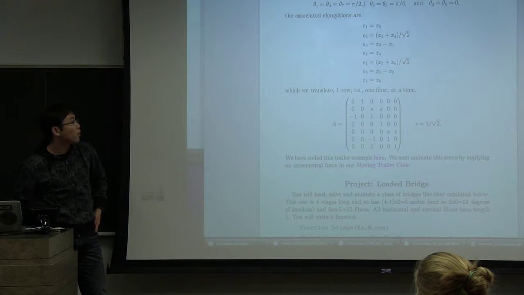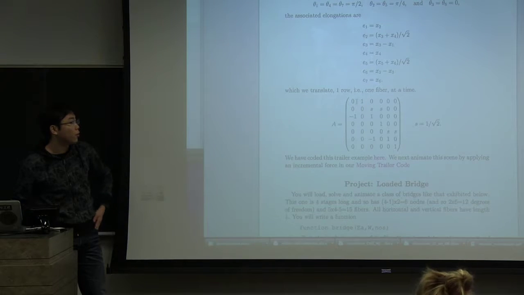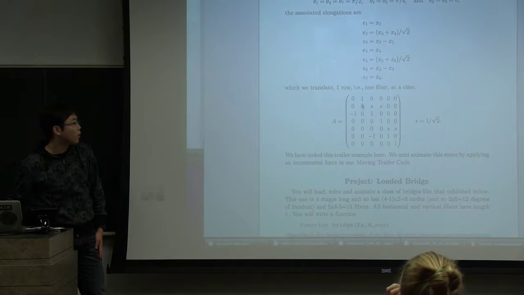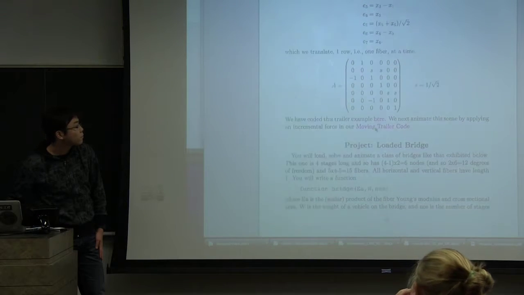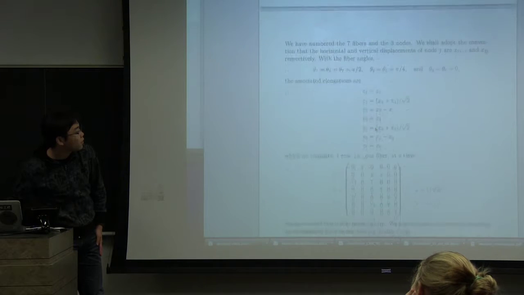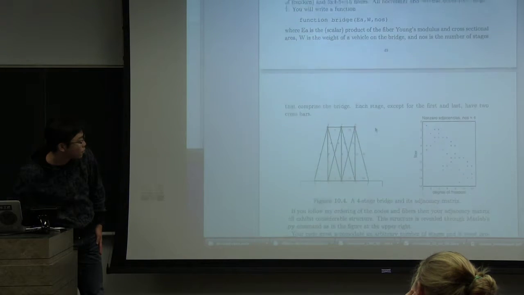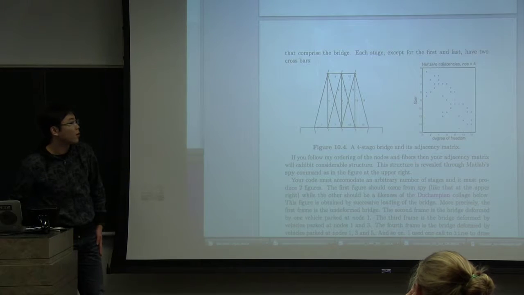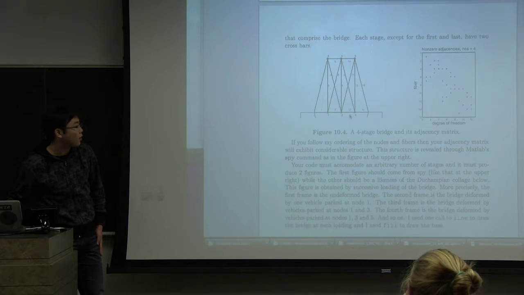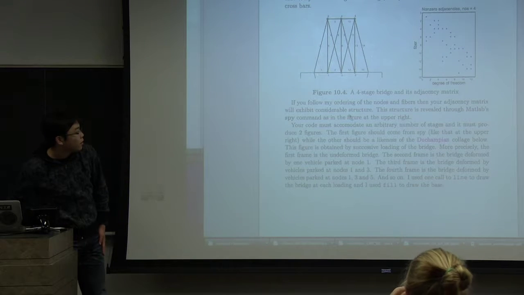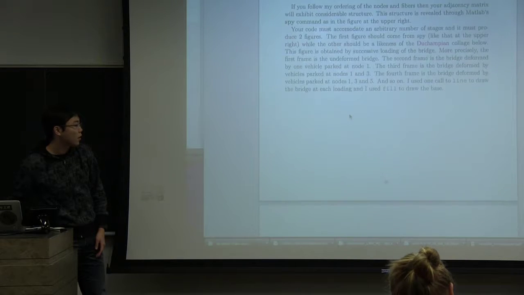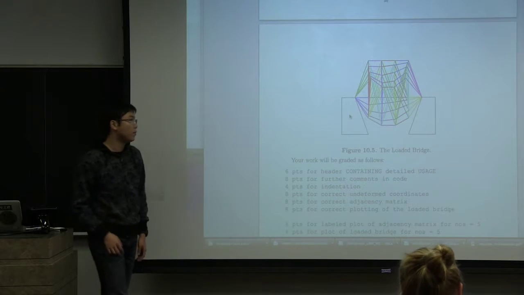So if it's influenced by x2, you put a 1 there. After that, just do the same thing for the rest of the bridge. It's a bit more complicated, but it's the same thing. Just analyze how each fiber moves, and do the graph. Thanks.